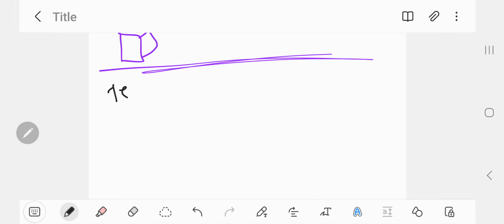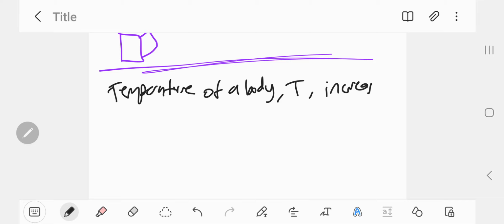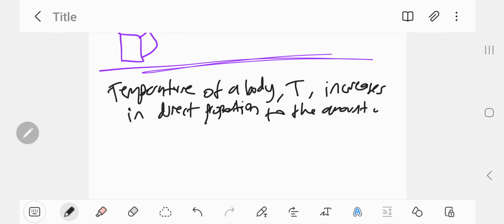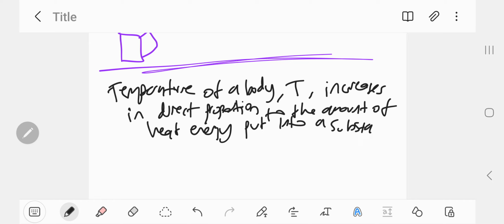So the temperature of a body, okay, body is some substance, let's call it T, capital T. It increases in direct proportion to the amount of heat energy put into a substance. Okay, what does that mean?